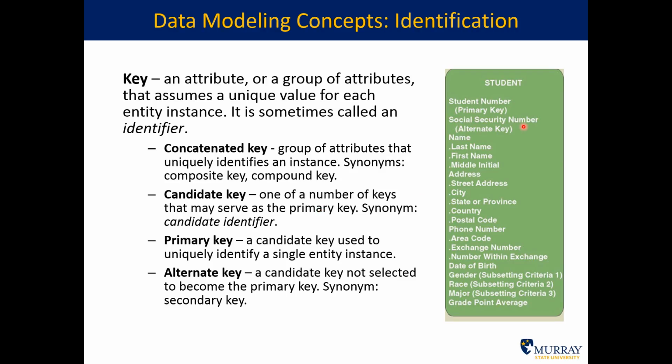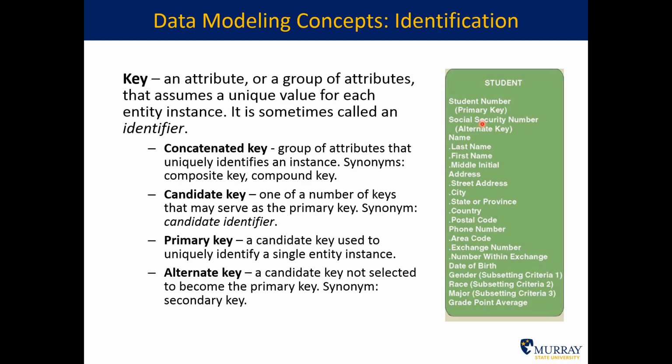Social security number has a unique value for every student, and perhaps cell phone has a unique value for each student, because I'm not aware of students sharing one single cell phone number. So there can be many alternate keys, or candidate keys, that we can potentially use as primary key. But at the end, we need to select one key identifier, one specific identifier. In that case, we're going to use student number as our primary key.